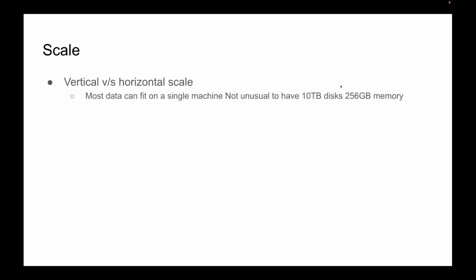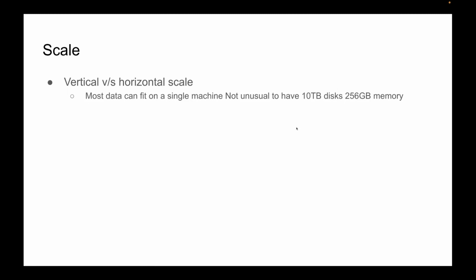And from the data that we have, we see that but for a very small number of use cases that require petabytes of data, most of the data fits within a few terabytes or a few hundred gigabytes, right? So for most of the use cases, your data will fit on one machine. It is perfectly viable to say that my database is just one machine.